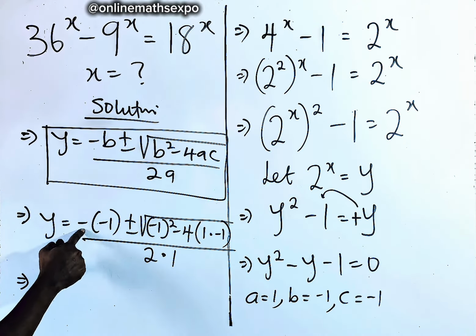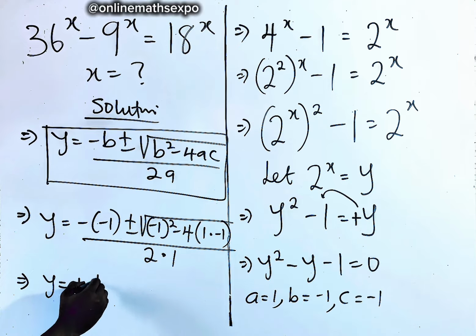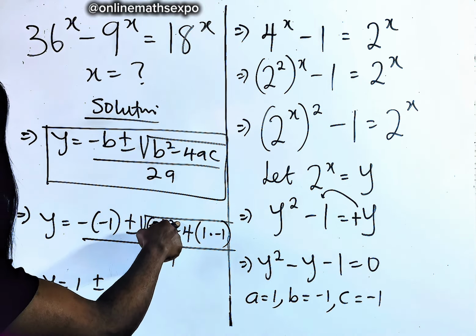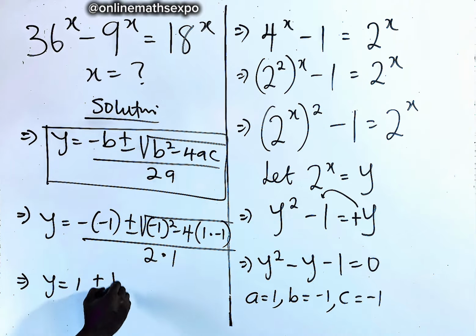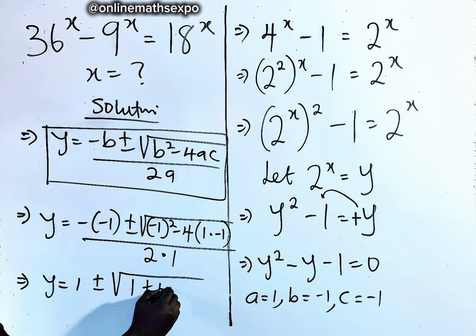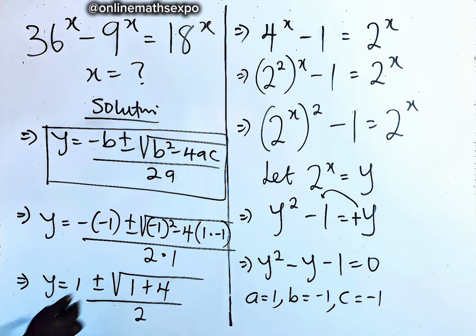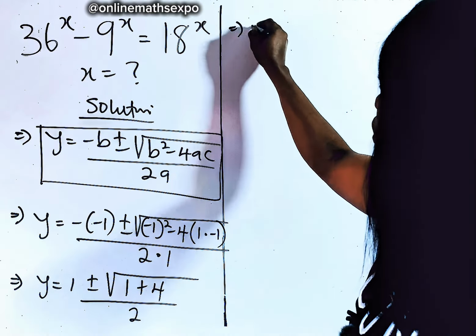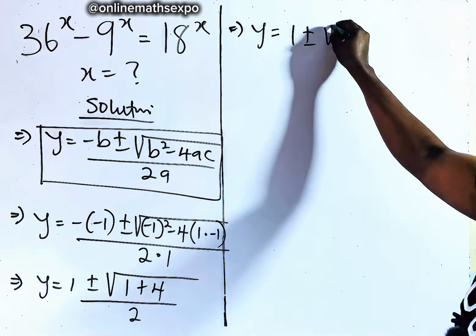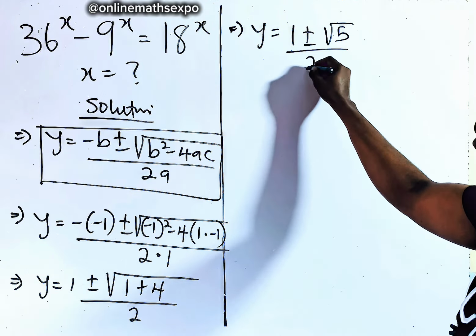This gives us positive 1 plus or minus the square root of negative 1 squared. When you square a negative, it gives you positive. So we have positive 1, then multiply this, it gives you positive 4, divided by 2 times 1, which gives us 2. We keep solving. So we now have y is 1 plus or minus, add this, you have root 5, divided by 2.